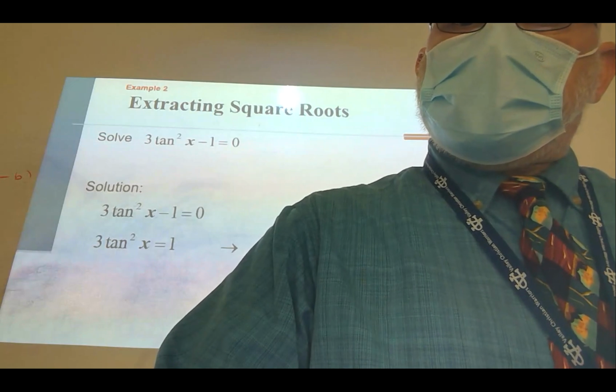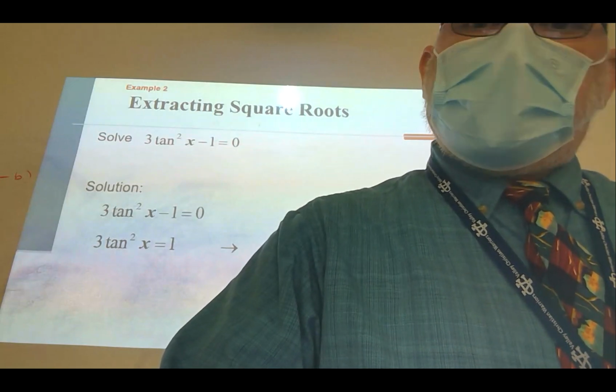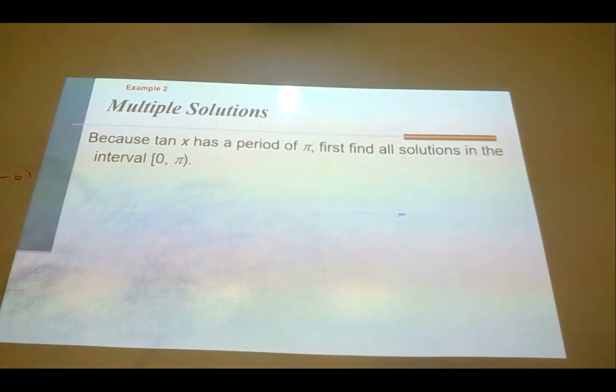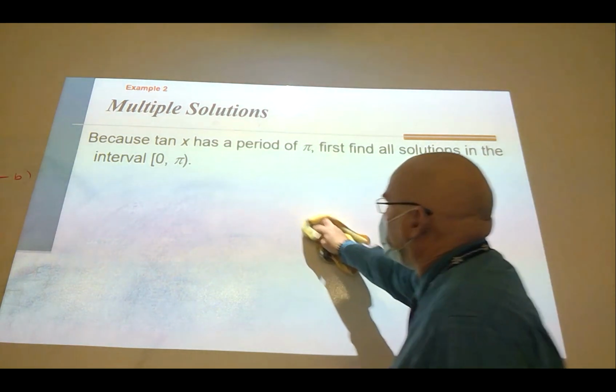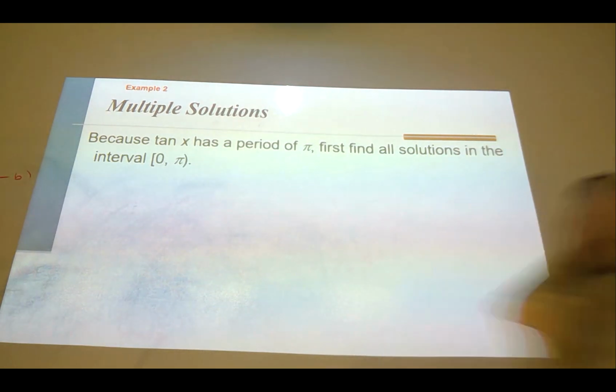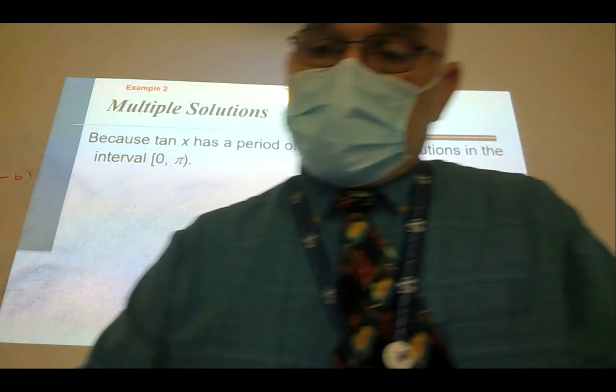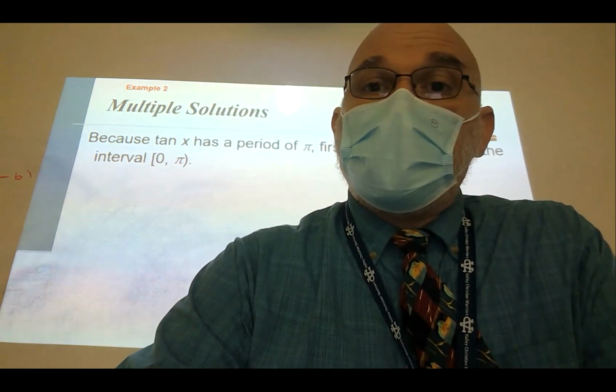Because tangent has a period of pi, we can find all the solutions in the interval 0 to pi, the top half of the unit circle, because it's going to just repeat itself with a period of pi.